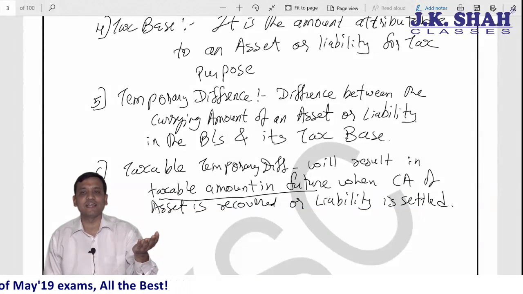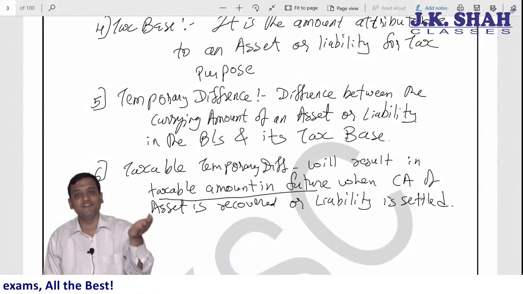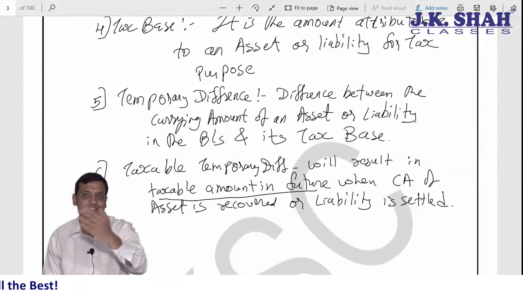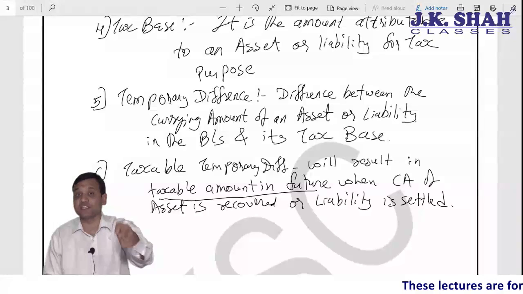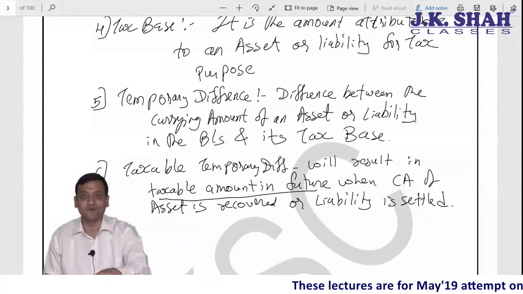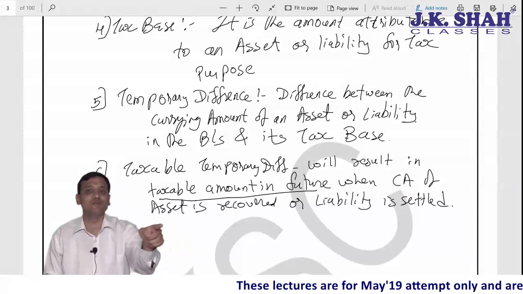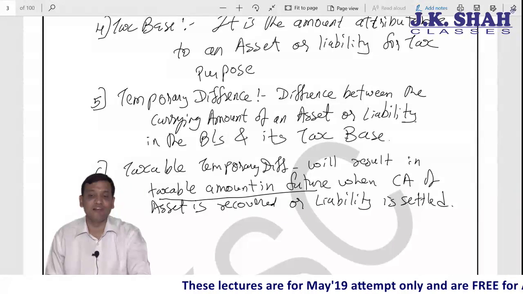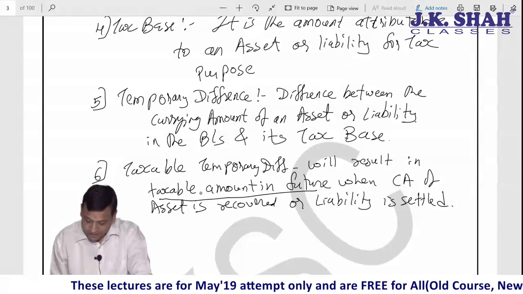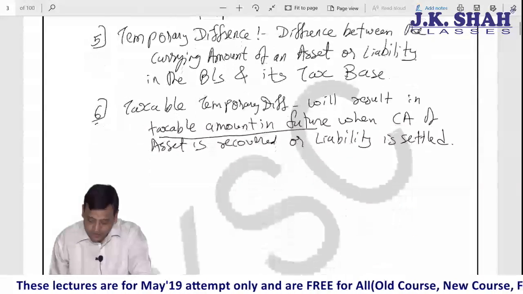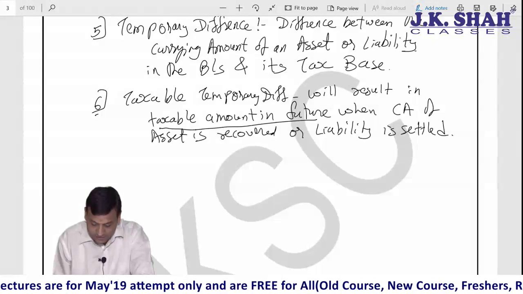The asset is going to give me benefits in the form of revenue, because it is allocation of cost. So if 100 cost will be allocated, revenue will also be 100, against which depreciation will be allowed as per tax, not as per accounts. As per tax, the depreciation will be 70 only. So I will be left with 30, which is nothing but taxable amount in future. Taxable temporary differences.